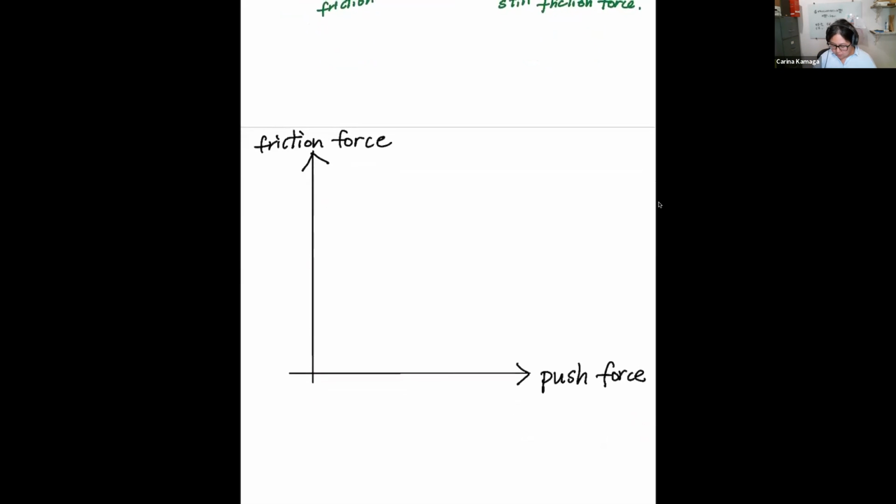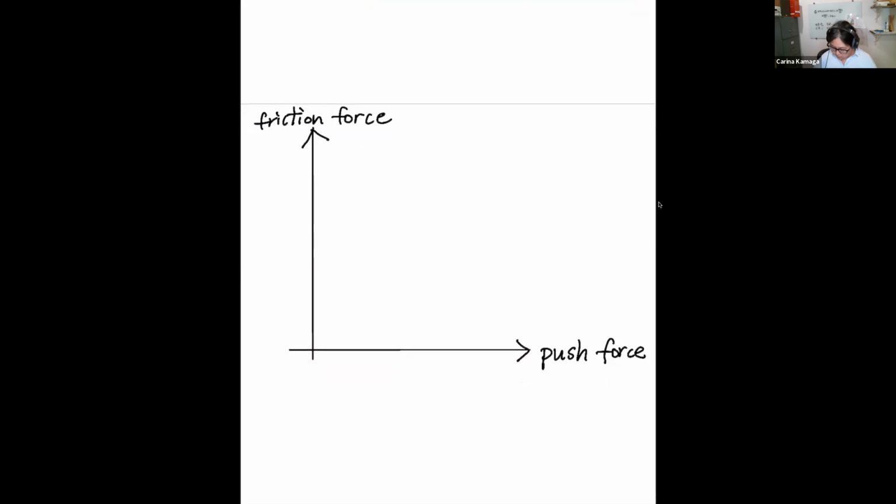So if I say I'm pushing the object to the right, so question here. Object is still at rest.